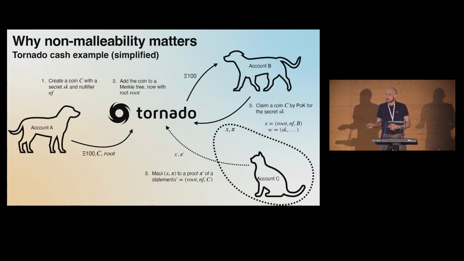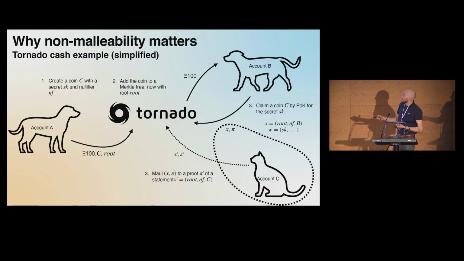To that end, this party creates a coin with some secret SK and some nullifier NF. Then it adds the coin to the Merkle tree in the Tornado Cash smart contract and updates the root of the Merkle tree. And that's how it can deposit, say, 100 Ether to this Tornado Cash smart contract.